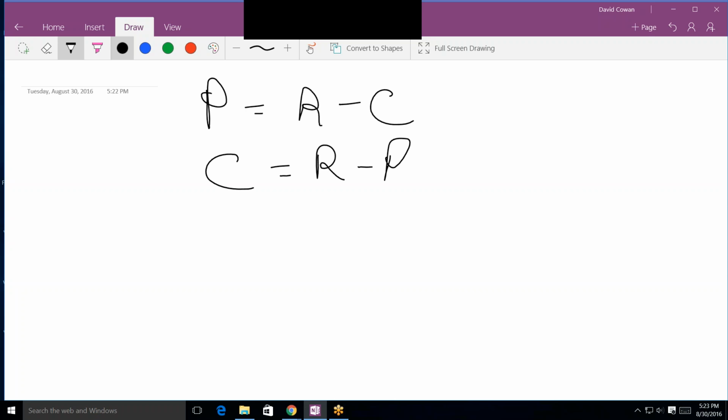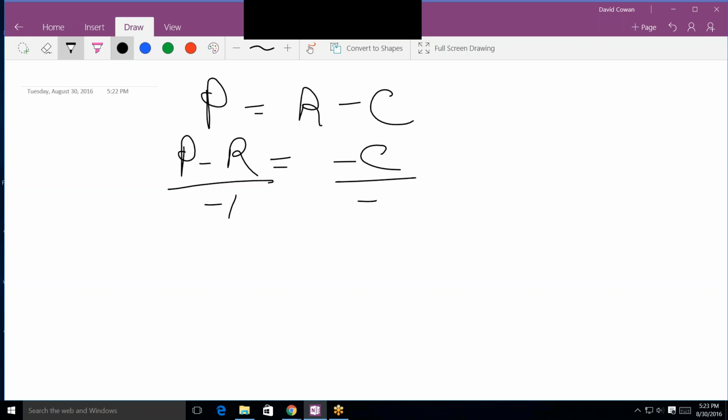Correct. Okay. Now, let's go back a second, because this is important, I think. If I do it the way that a person would be inclined to do it, move the R over immediately. Okay. Now I can get rid of that negative sign by dividing by -1. And now I get C all by itself, and this is always the reverse.